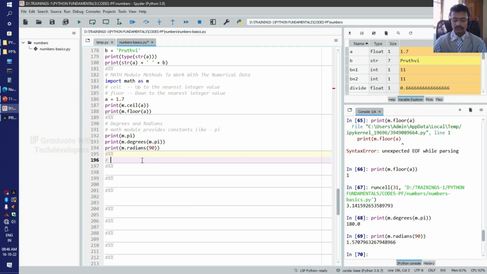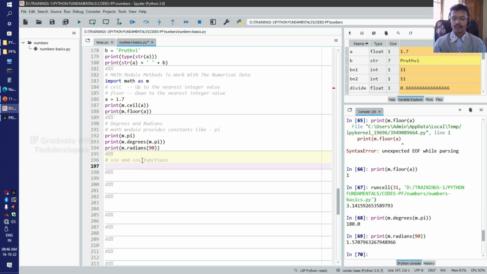We can use the sine and cos functions to find the trigonometric sine and cos values using the built-in methods which are available in the math module. So we can find the sine value of an angle in radians using the sine method.